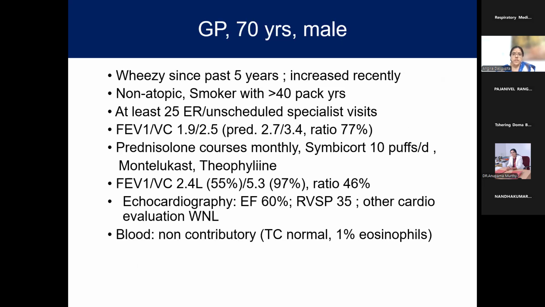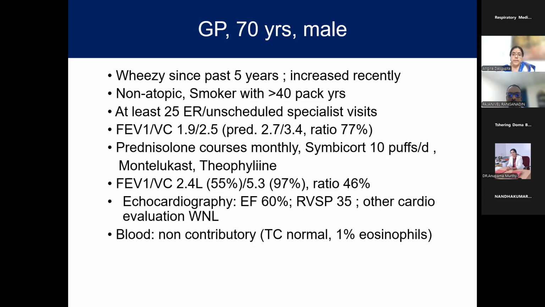So if this was a 70-year-old male, wheezy for the past 5 years with an increase in the wheeziness recently, a non-atopic person, a smoker with more than 40 pack years, at least 25 emergency visits and specialist visits. FEV1 and FVC show that both of them were reduced.